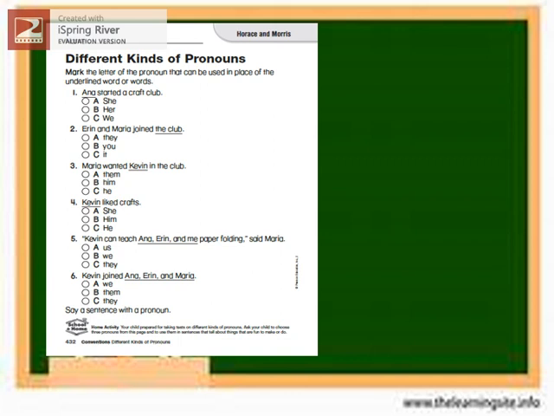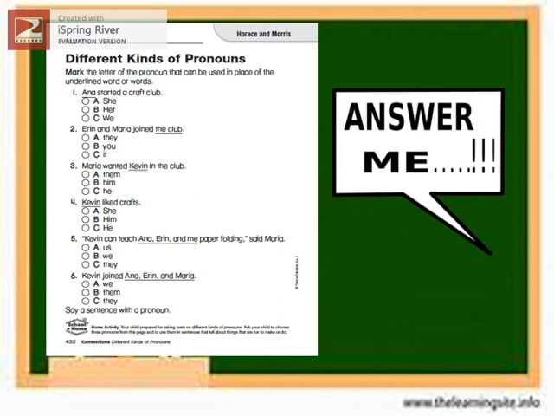Kevin liked crafts. Kevin. Number 5. Kevin can teach Anna, Erin, and me paper folding, said Maria. Anna, Erin, and me. Number 6. Kevin joined Anna, Erin, and Maria. Anna, Erin, and Maria.